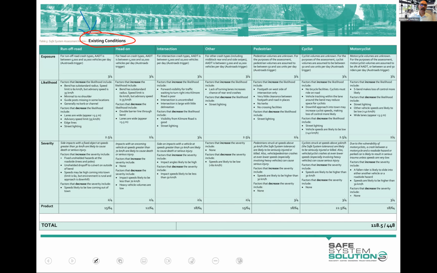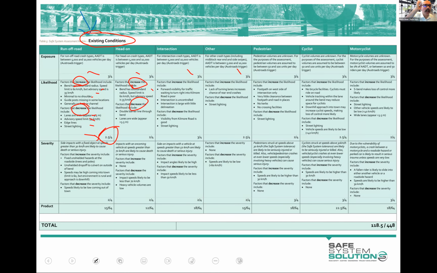You can see one filled out here, trimmed down a little to fit on one slide. They've justified their exposure scores. Then likelihood: factors that increase the likelihood, dot point, dot point, dot point. Factors that decrease the likelihood, dot point, dot point, dot point. Increase, decrease, dots, and then a score. Oh, there's a 2.5. Maybe they couldn't agree between a 2 and a 3.